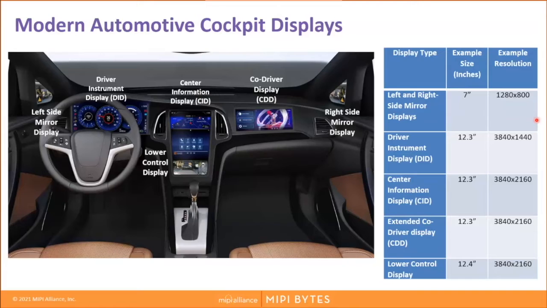So we found within MIPI that there isn't a series of specifications that pull together to create this end-to-end MASS display solution. And that is what is going to be addressed with the MASS display stack.